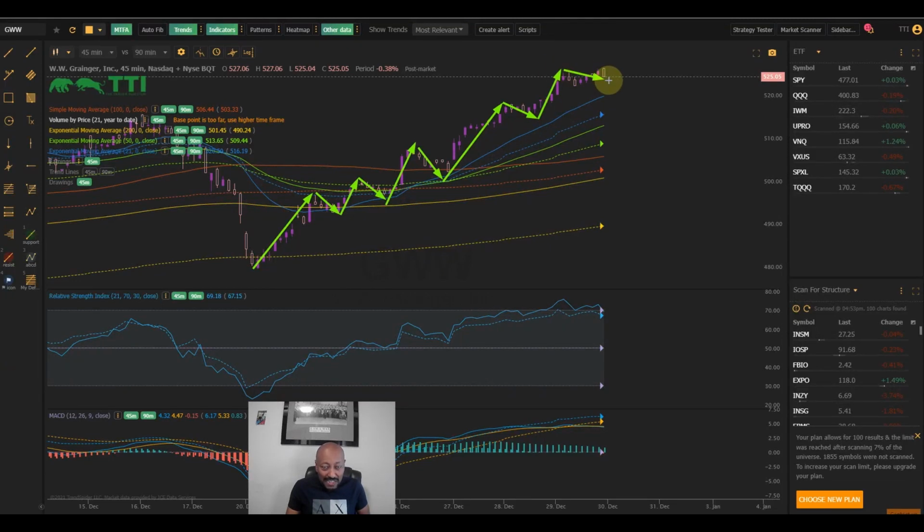We're lower than the last 10 bars. We're higher than the last 20 bars. When you're doing 45 minutes, it's 45 minute bars. If it's days, it's 20 days, right? So it all depends on your time frame. But we have set the scanner to 45 minutes, so it's looking at the last 10 bars. We're lower than the last 10 bars.